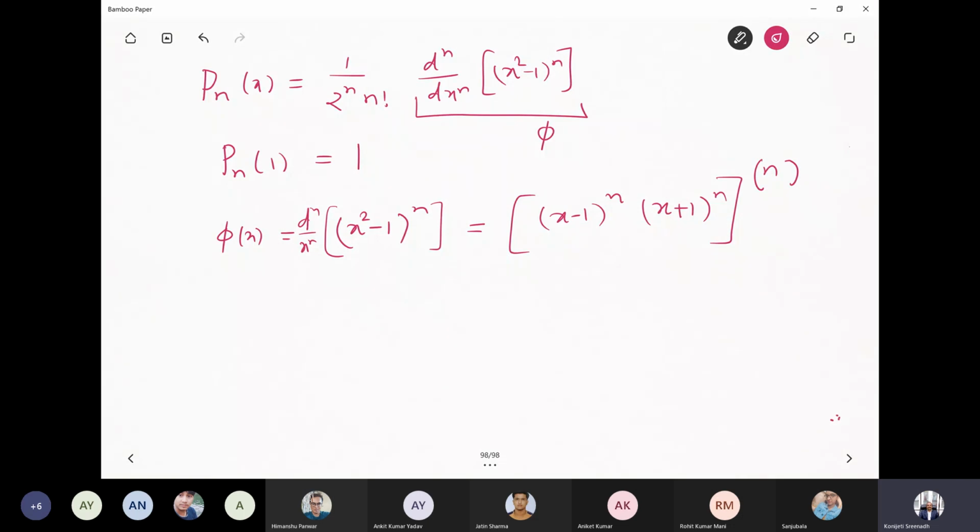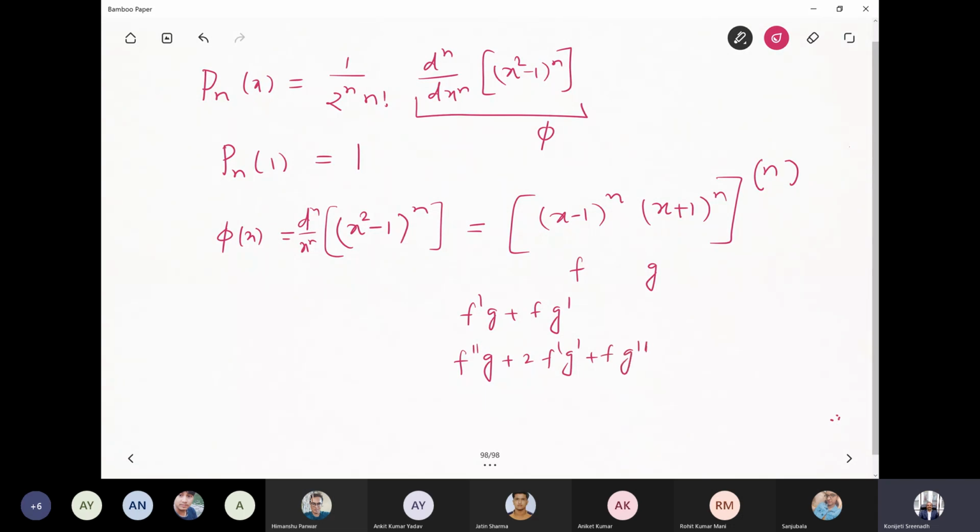So when I differentiate the product, say this is f and this is g, using the product rule, the first derivative is going to be f prime g plus f into g prime, and the second time you differentiate this, right? So f double prime g plus 2 into f prime g prime plus f into g double prime.